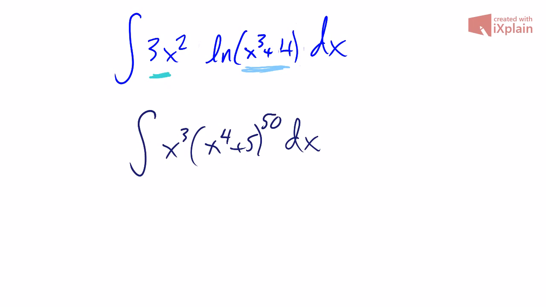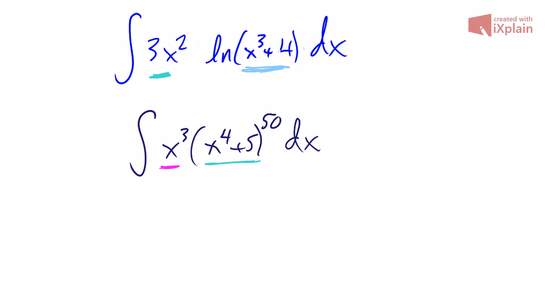Because I have an inside function, x to the 4th plus 5, and I have the derivative of that inside already chained on. Now I don't have exactly the derivative chained on, but it differs by a constant. So the derivative of x to the 4th plus 5 would be 4x cubed. And that only differs from x cubed just by a constant. One is multiplied by 4, one is not. So I can use u-substitution to figure this integral out. I wouldn't need to expand the polynomial out.